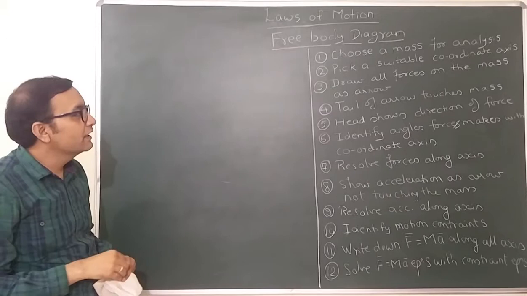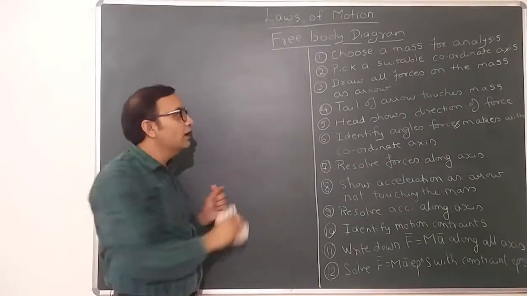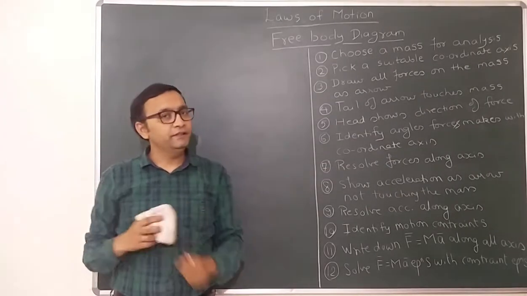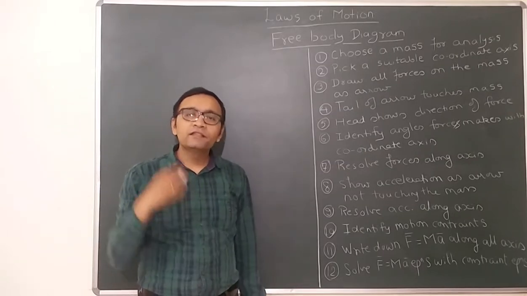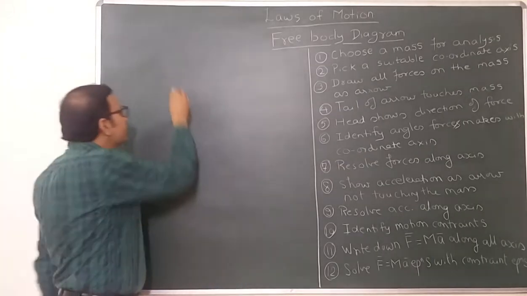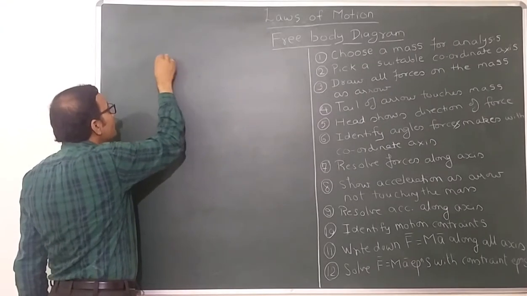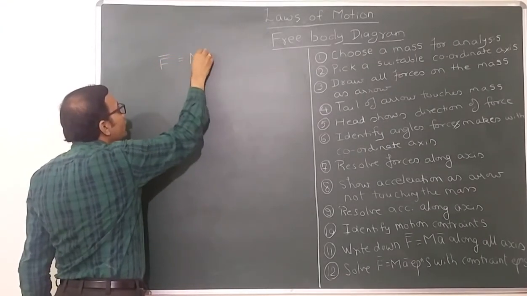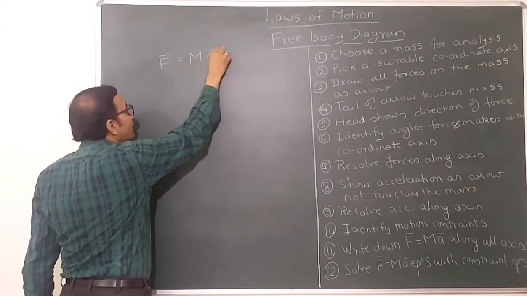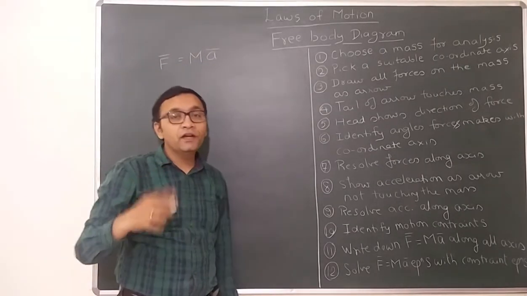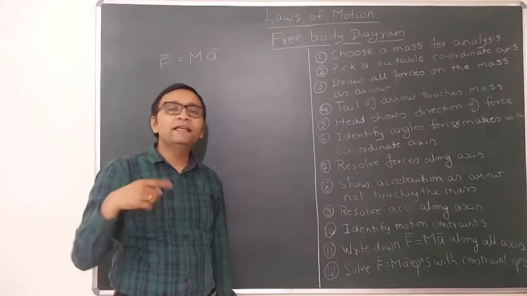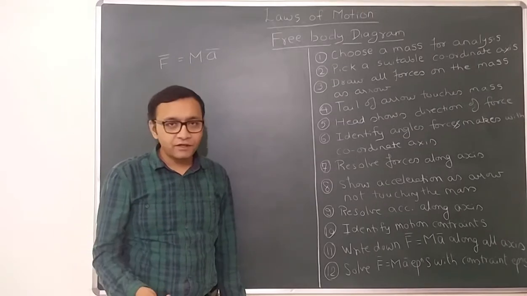Now the next step is to pick a suitable coordinate axis. We know that Newton's second law is a vector equation, which says that vector F is equal to mass times vector a, and we want everything to get reduced to a scalar equation. It is easier to deal with scalar equations.